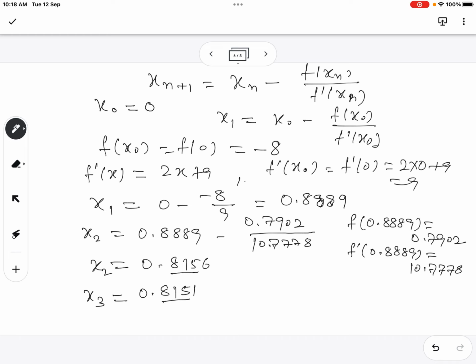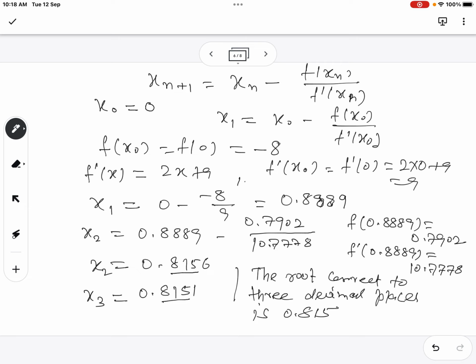That up to the third decimal place, these values are the same, so therefore the root correct to 3 decimal places is 0.815.